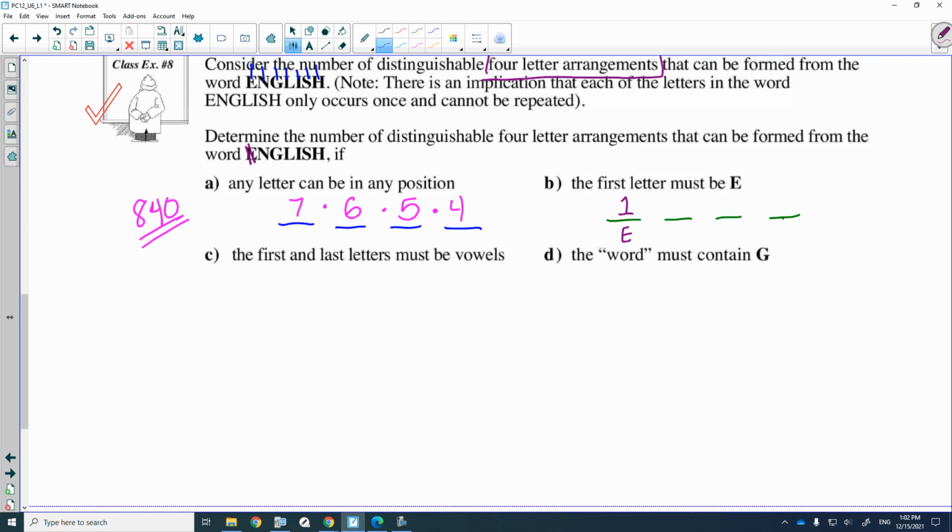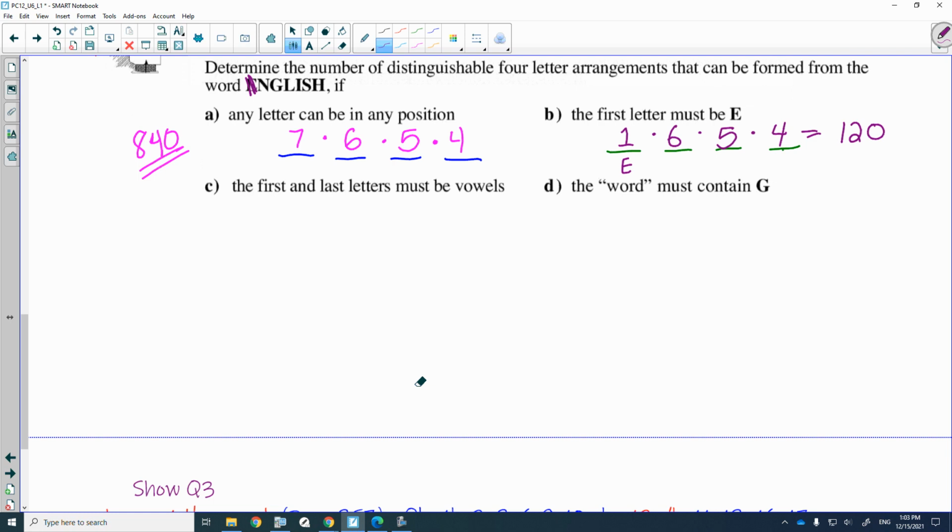That E is gone. I've taken care of the restriction that they gave me. I have 6 letters left. Then I've got 5, and then I've got 4. So multiply the number of choices, and you would have 120 different 4-letter words that could be made that all start with E.